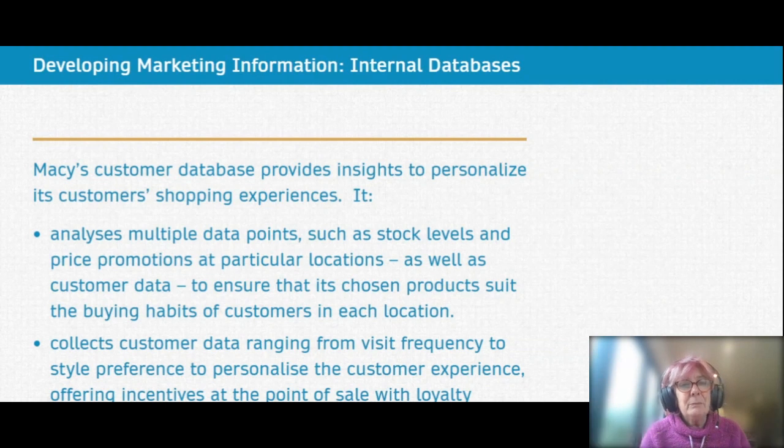So that data can be put together and used by Macy's to ensure that the products it chooses suit the buying habits of customers in each location. And we can transfer that to any supermarket chain, for example.